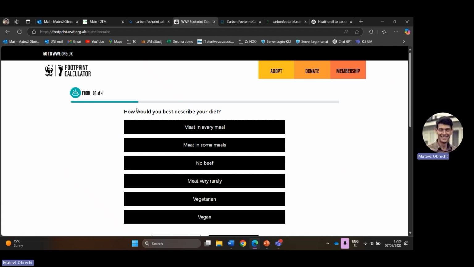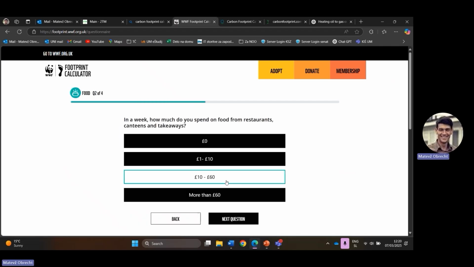What we eat is very important from the perspective of how big an impact we have on the environment. It depends whether you are a heavy meat eater, or you eat meat very rarely, or you're vegetarian or vegan. So let's say that we eat meat very rarely, and let's continue.